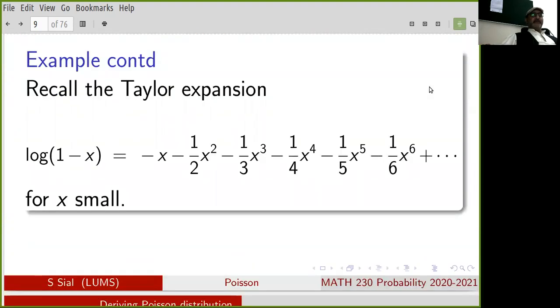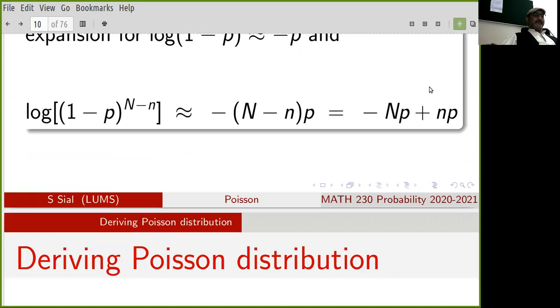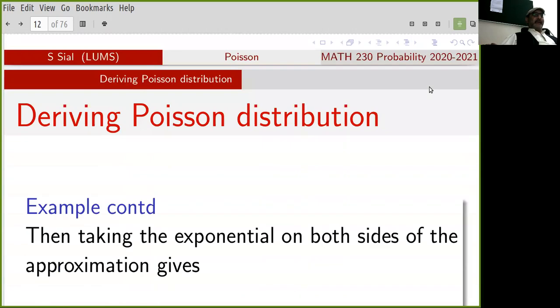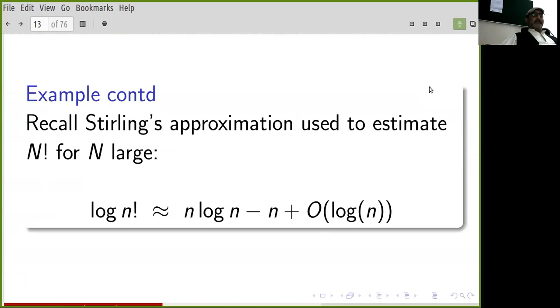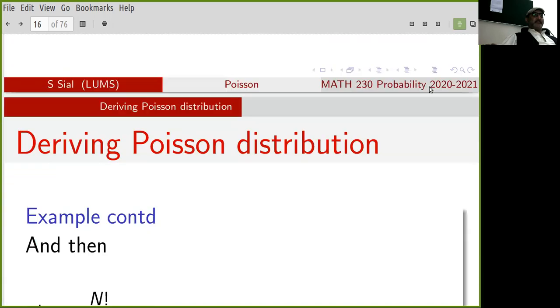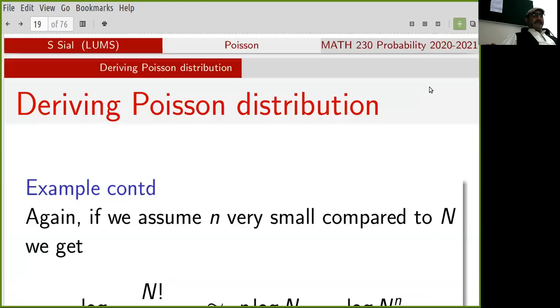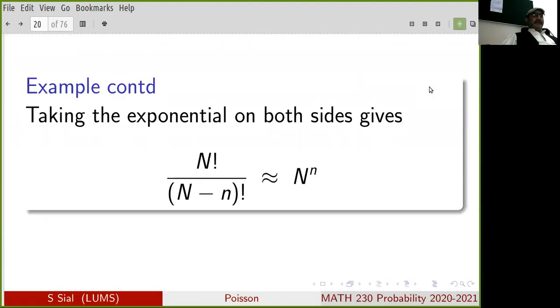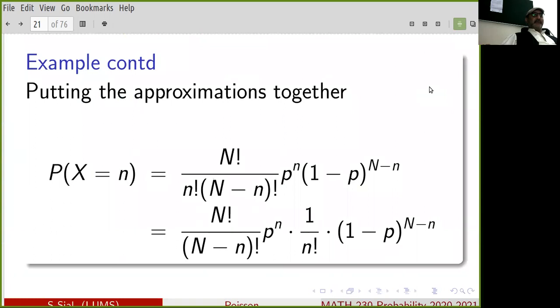We make use of the Taylor expansion for 1 minus p to the n minus n, log of 1 minus p, and so on. And we make use of Stirling's approximation. And you should go through this once in your life.